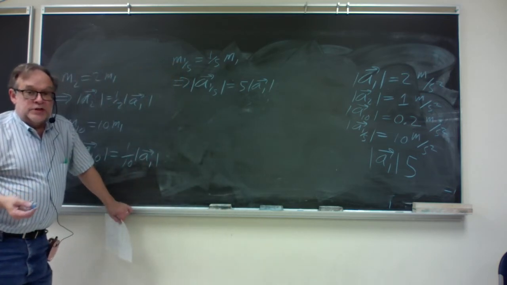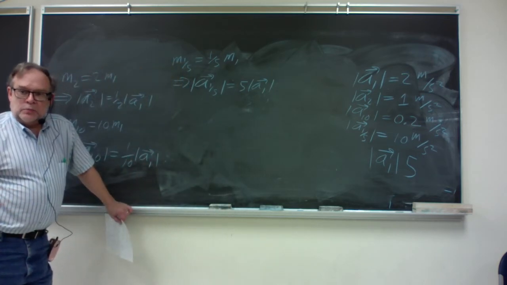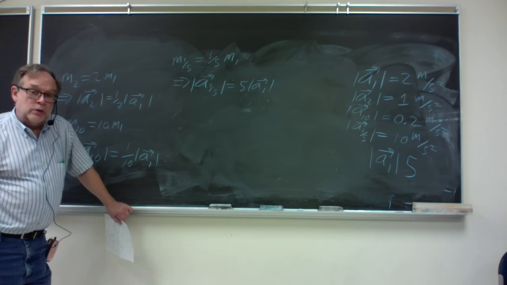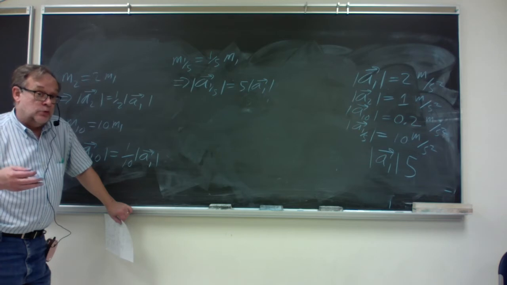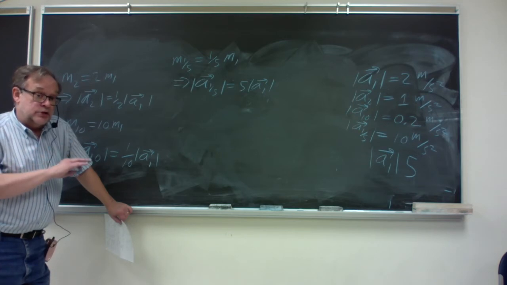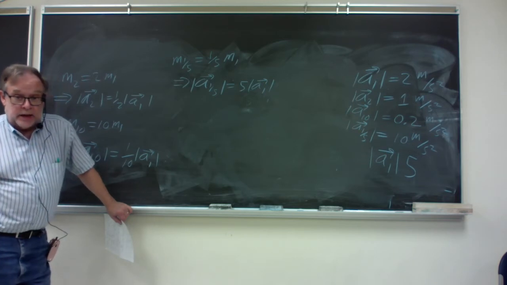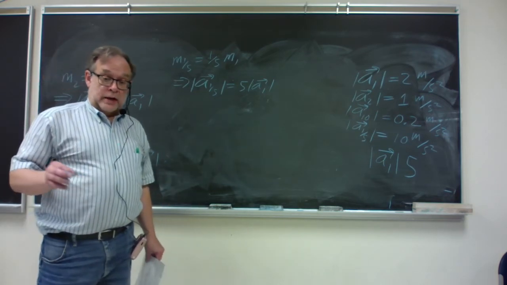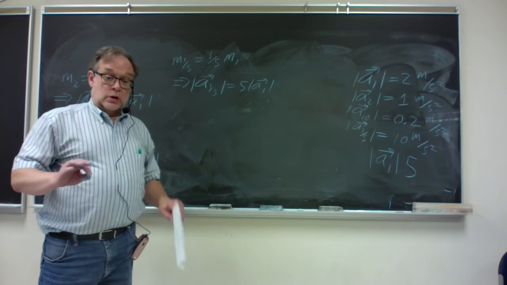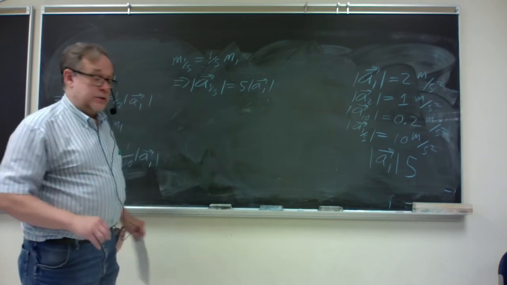So what we have here is an example of a particular kind of relation between variables called inverse proportionality. Right? In this case, the variables are the magnitude of the acceleration and the mass. Every inverse proportionality relationship has the same form, and it looks like this.